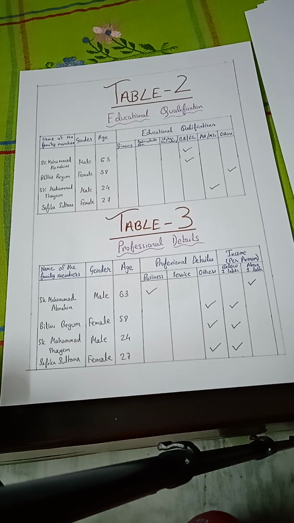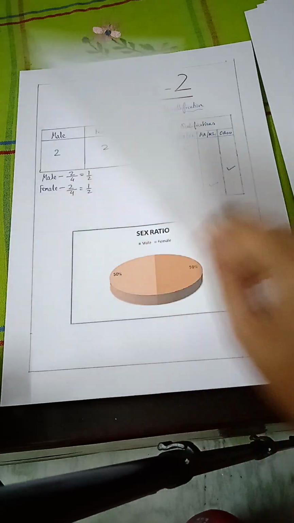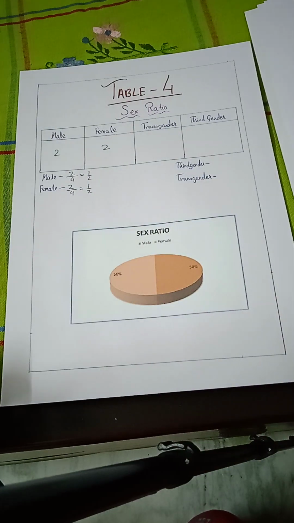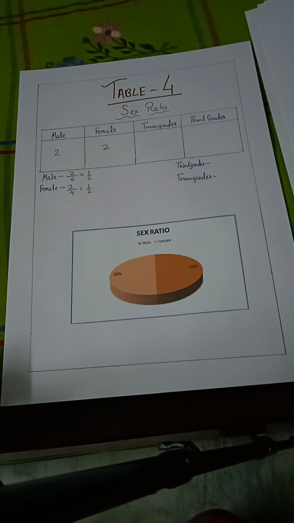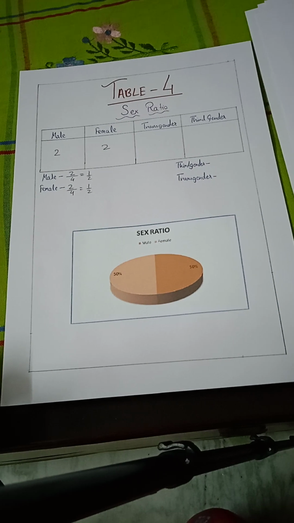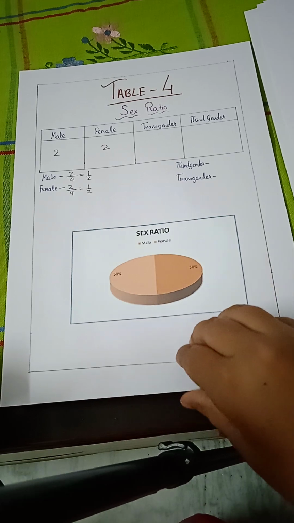Table 3, professional details. Then the fourth table will be, as usual, the sex ratio table. Here also it's 50-50%.